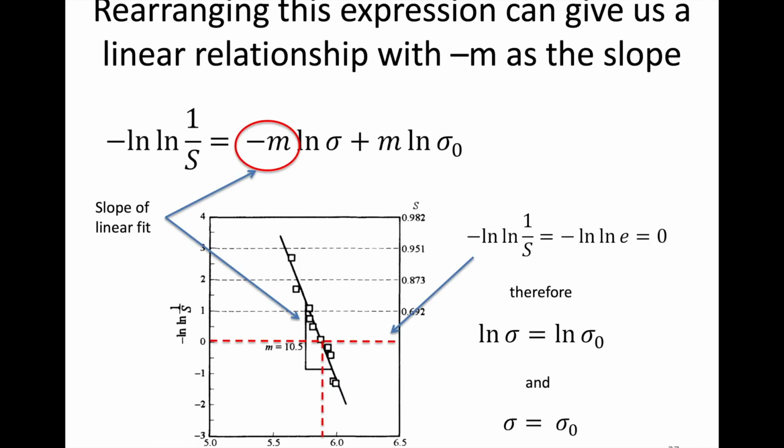All right, so here's the rearrangement of that expression that we saw before. The idea was to linearize it. We've made a linear relationship so that we can determine our parameters, because here, m is the Weibull modulus. We can determine that from the slope because we've linearized this, so this is y = mx + b, right? The slope is equal to negative the modulus.